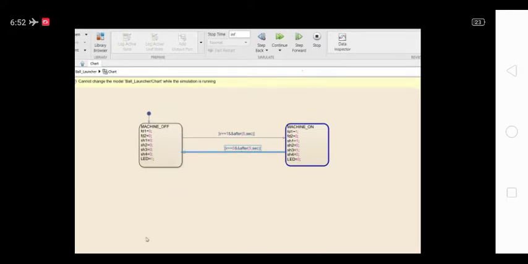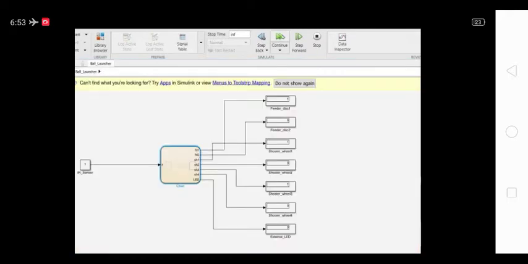Now we see the working of it. When the input is 1, all the 3 motors are rotating and the LED is off.